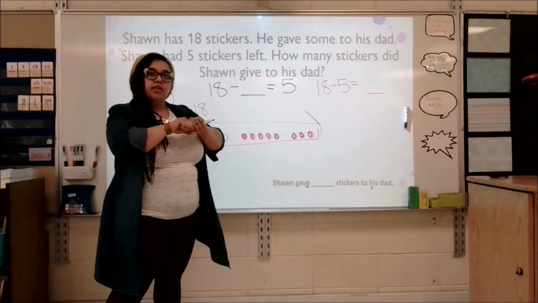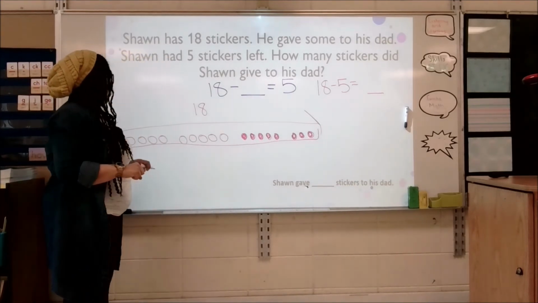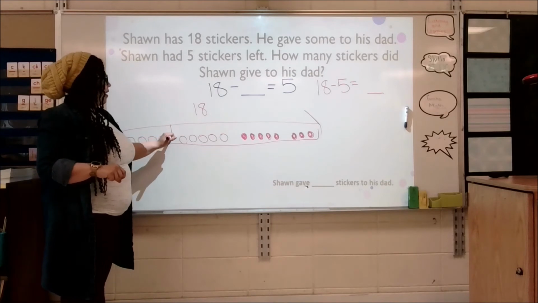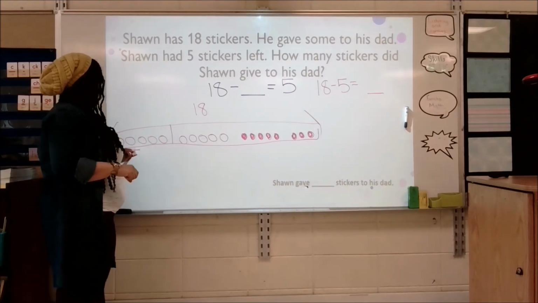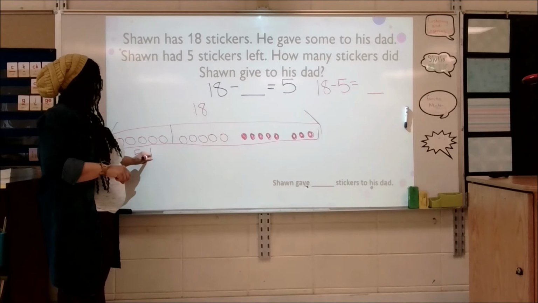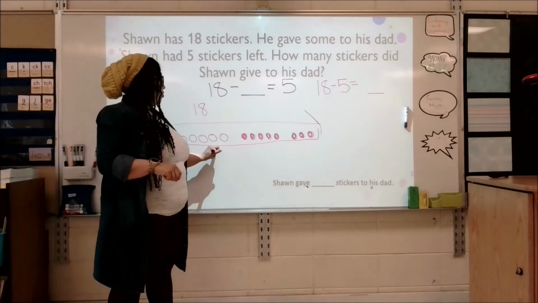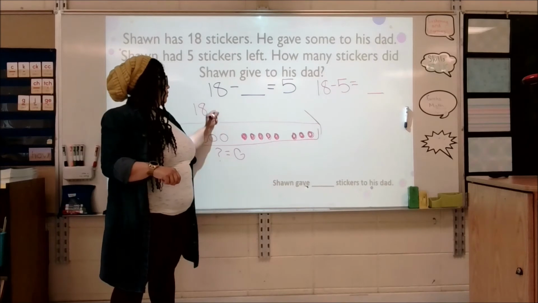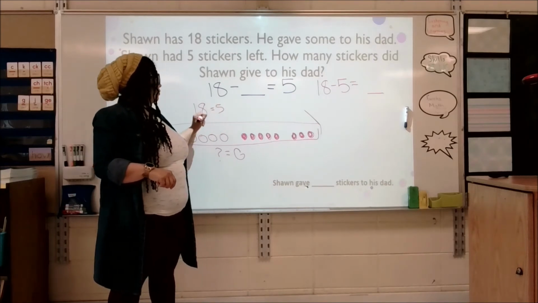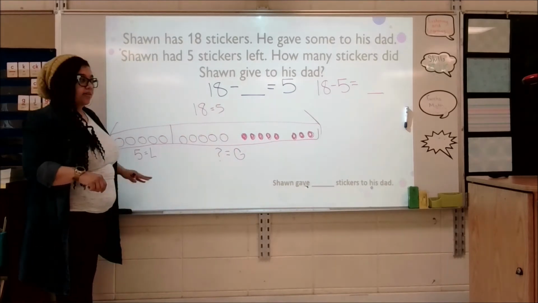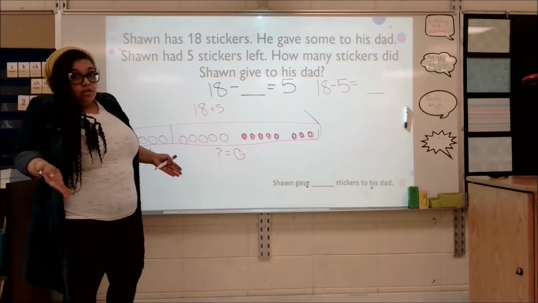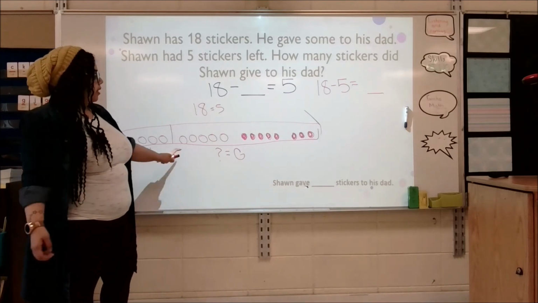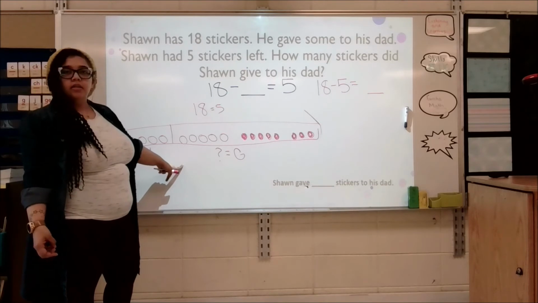So let's break this apart, showing that he had 5 left after he gave some to his dad. So 18 stickers is equal to having 5 left and having given some away. How many stickers did he give away?